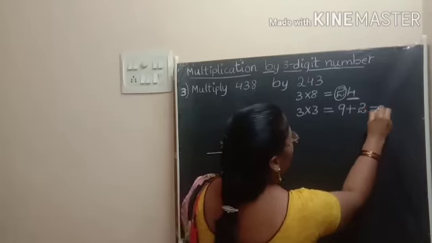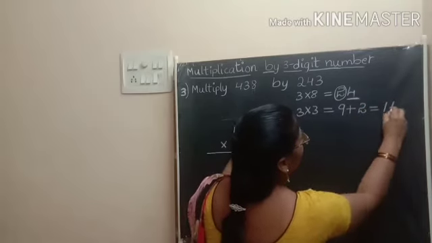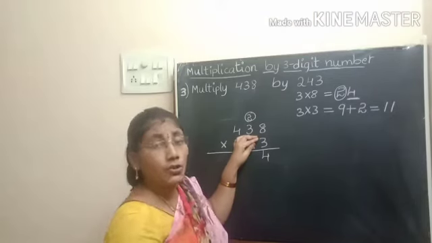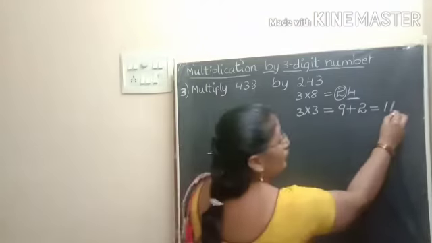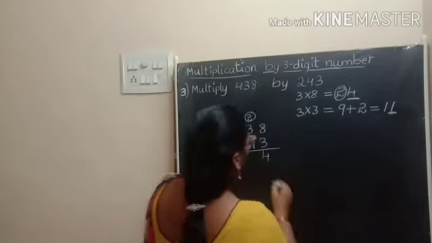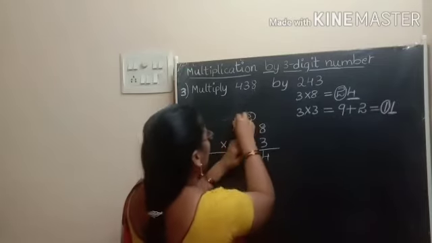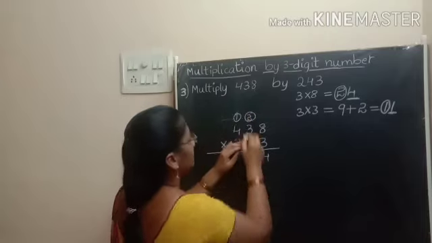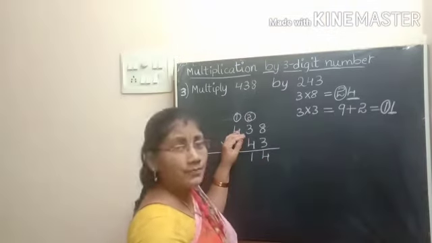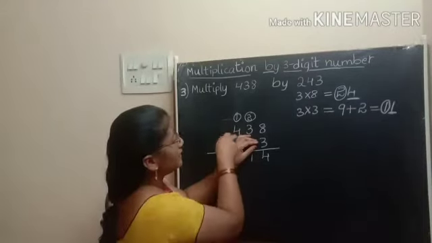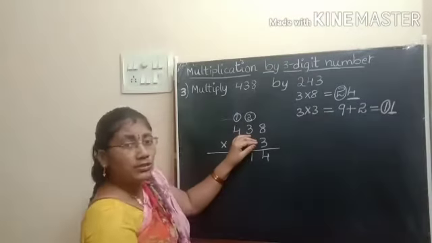By adding these 2, we get 11. That is also a 2-digit number. So we should write the right side 1 as result and the left side 1 as carry in the next place. Understood, children? Then we have to multiply the digit in hundreds place with 3.